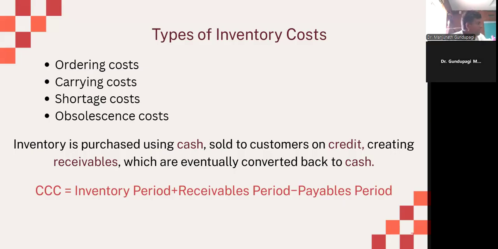Inventory is purchased using cash, sold to customers on credit, creating receivables which are eventually converted back to cash. This circular flow of current assets is what we call the operating cycle, or sometimes the cash conversion cycle, because here we can find the relationship between cash, receivables, and inventory.